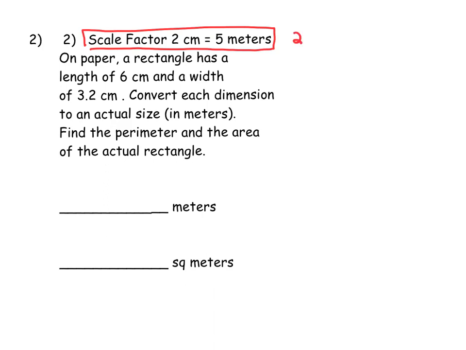So, on your notebook paper, please write down 2 centimeters equals 5 meters in the real world. And while we're at it, let's calculate the unit rate. 5 meters divided by 2 centimeters means that our rate is 2.5.